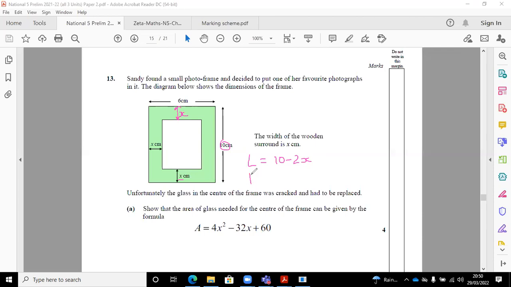Breadth in that case. Total breadth of the whole shape is 6 centimetres, but we're only looking for the inside, so it's 6 minus 2x. So it's x on the left hand side and x on the right.